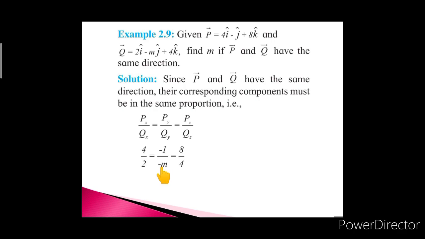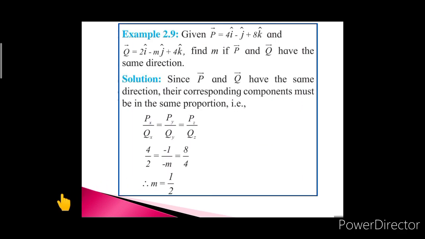So in both the ways we are getting 1 upon m as 2, and hence the value of m we are getting as half.